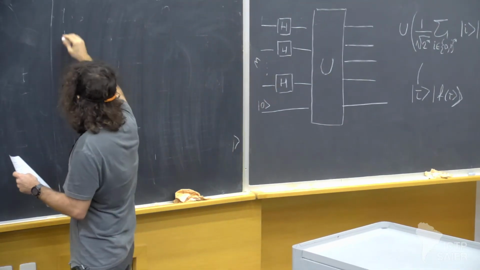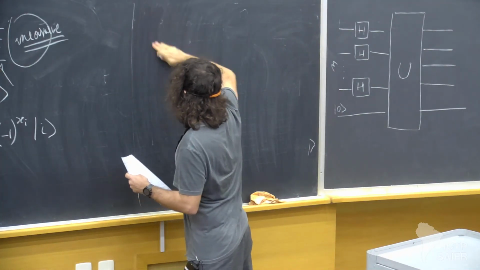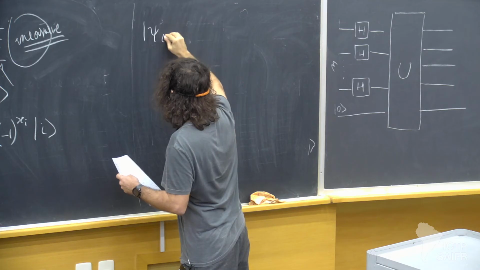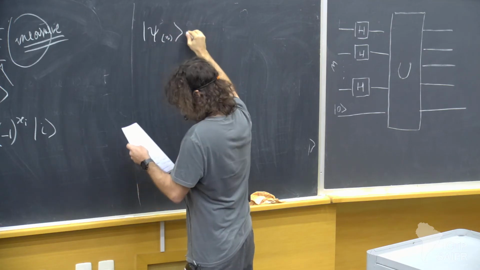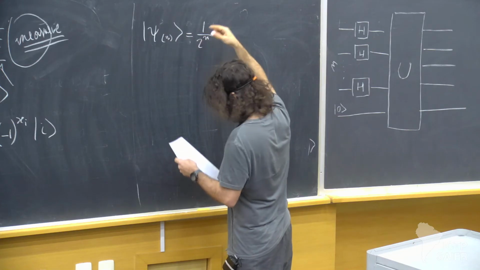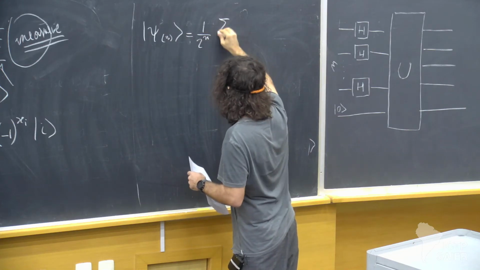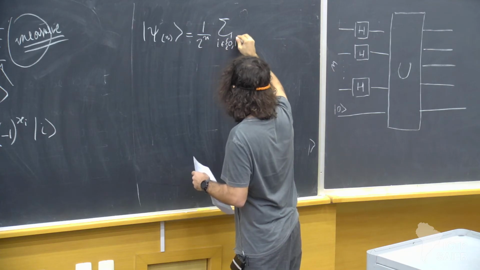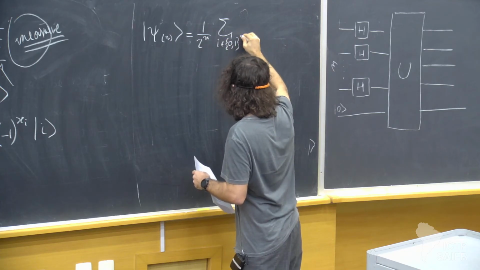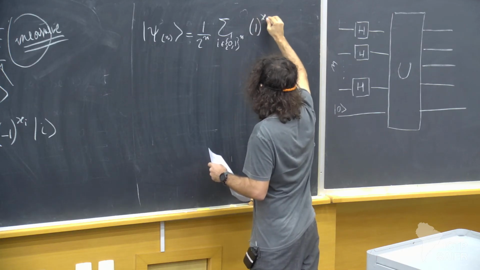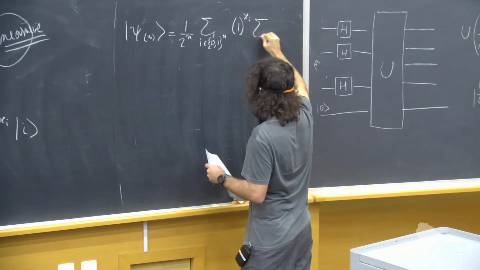And what I get is this apparently a bit cumbersome formula, psi 3, which is 1 over 2^n, summation over i belonging to {0,1}^n, of (-1)^{x_i}, and then I do an extra Hadamard.